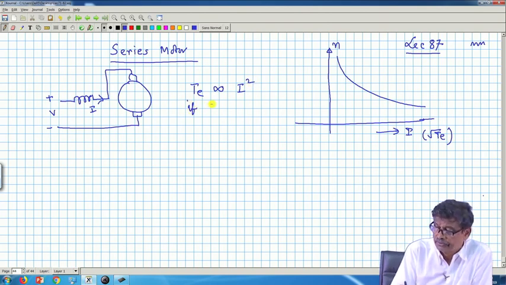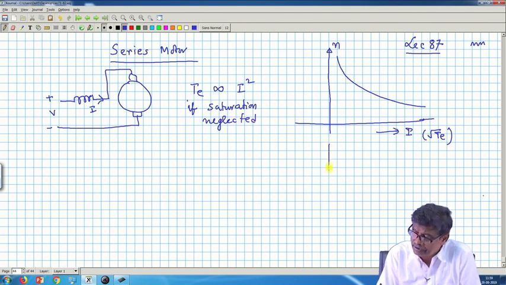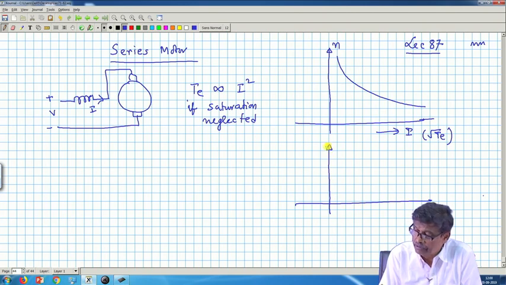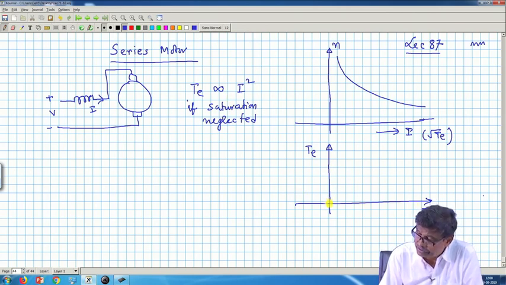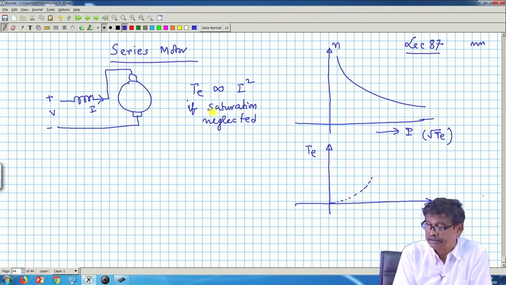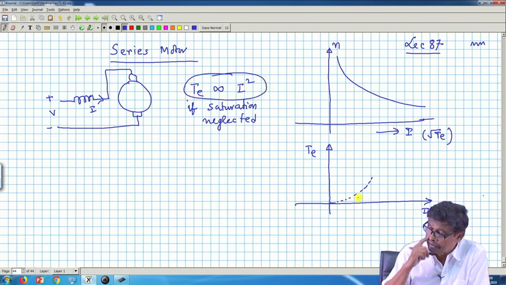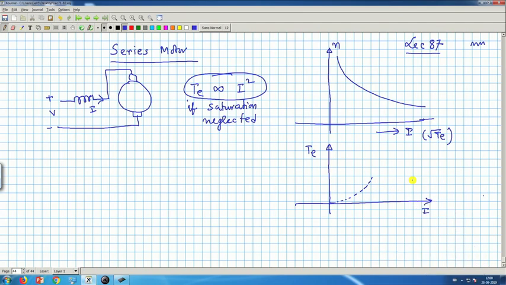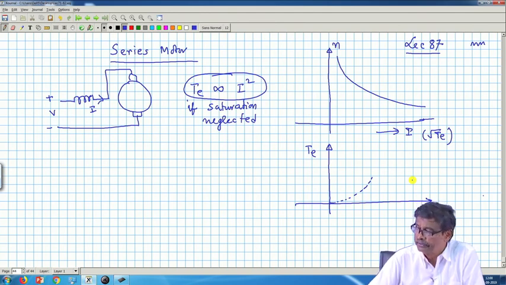If saturation is neglected, and you simply sketch the torque developed by the machine against current I, at I equal to 0 torque is 0, and it will rise in a parabolic way as the current increases. But if you go on increasing the current, a time will come when flux per pole will not be proportional to I at large values of current; it will reach saturation.